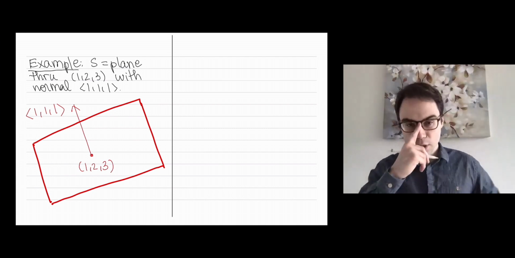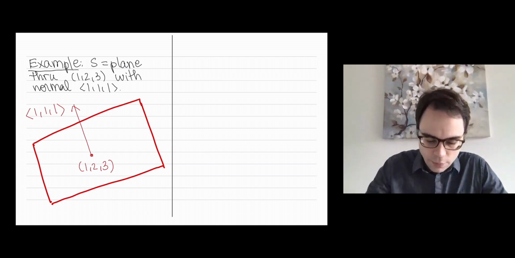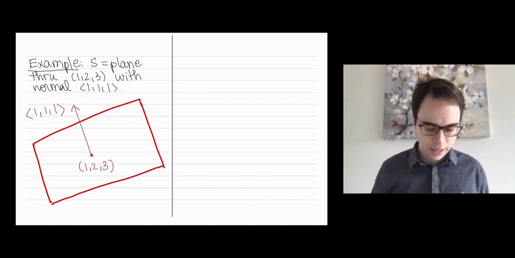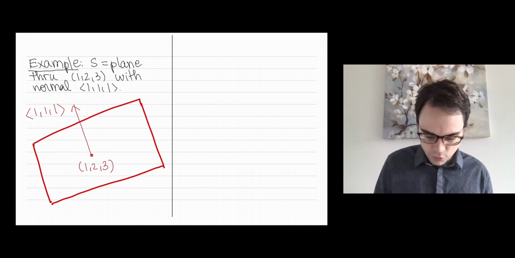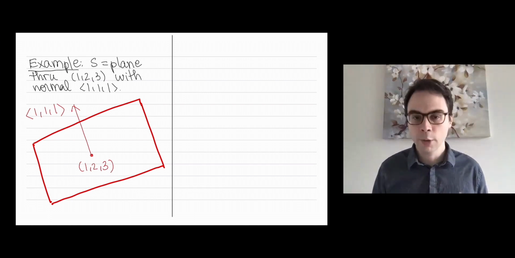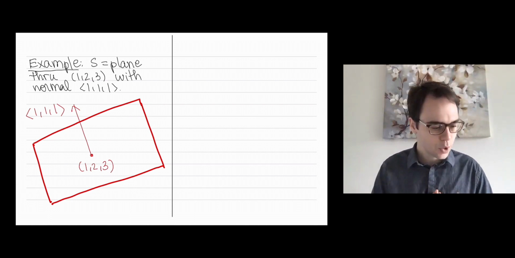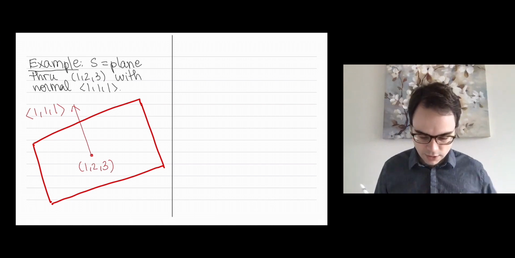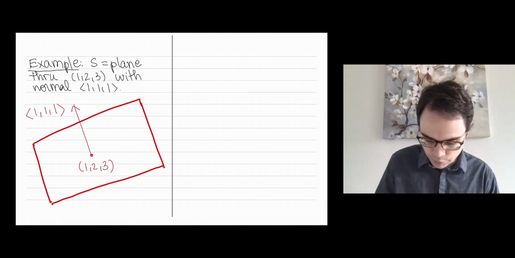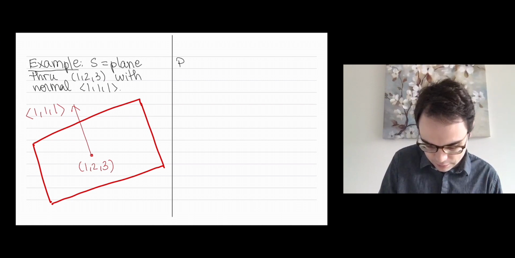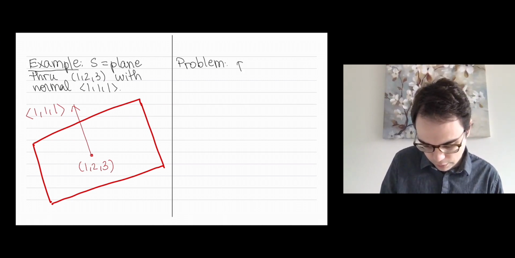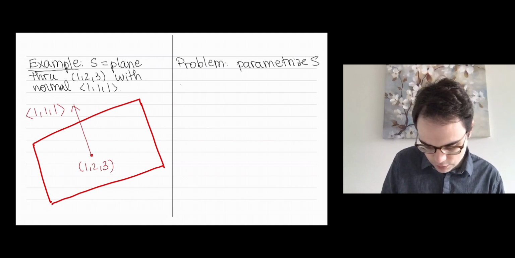So now here's how we parameterize. To build this parametrization, we want to parameterize this plane. So the problem is parameterize S, this plane. And here's the solution.